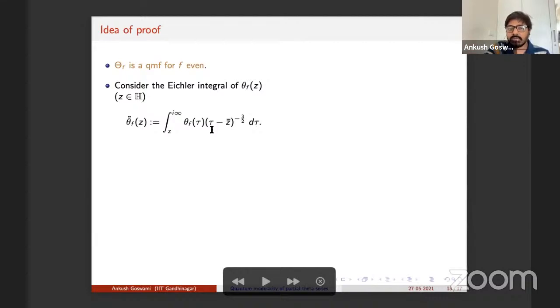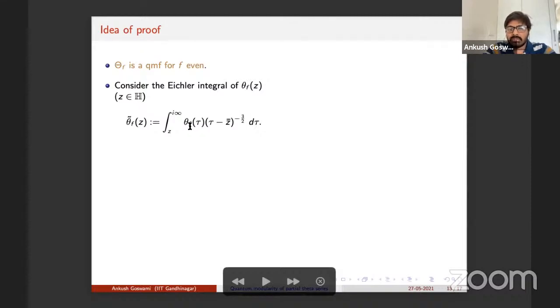The Eichler integrals could be different in different cases, but in this case, we have to consider this Eichler integral. And one way to see what this Eichler integral is, is to actually take a positive integral power in the exponent of tau minus z bar.